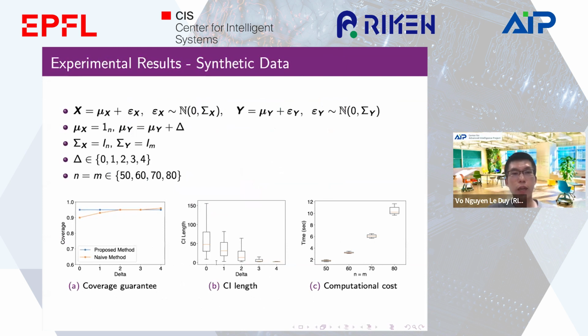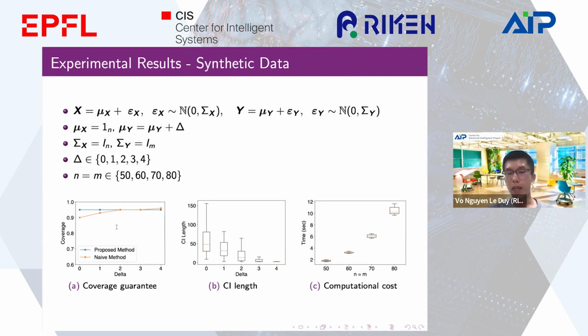This slide shows the experimental results on synthetic data. Here we evaluate the performance of the proposed method in terms of coverage guarantee, confidence interval length, and computational cost. In the left figure, the orange line is the naive method, where we do not correct the data selection bias, and the blue line is the proposed confidence interval.